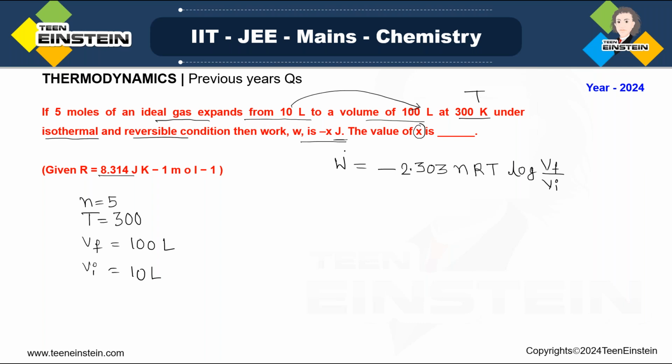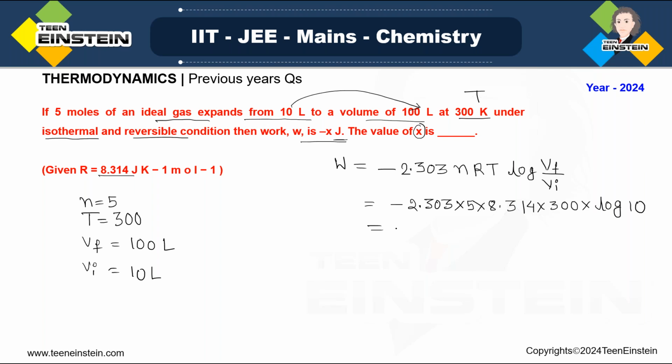Be very careful about the units. Sometimes it may be minus x kilojoule or joule. Here it is mentioned as joule, so it must be in joule. Now we will put all this in this equation: minus 2.303 multiplied by 5 multiplied by 8.314, then 300, then we have log 100 divided by 10, that means it will be 10.